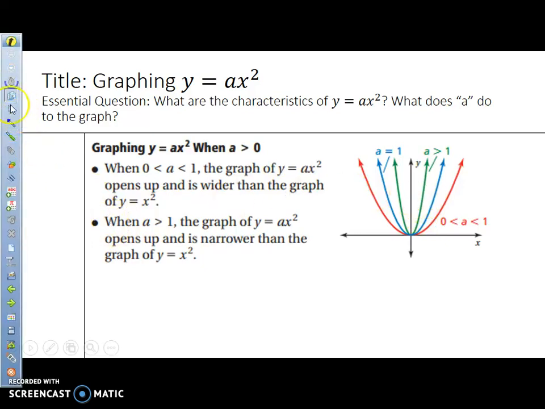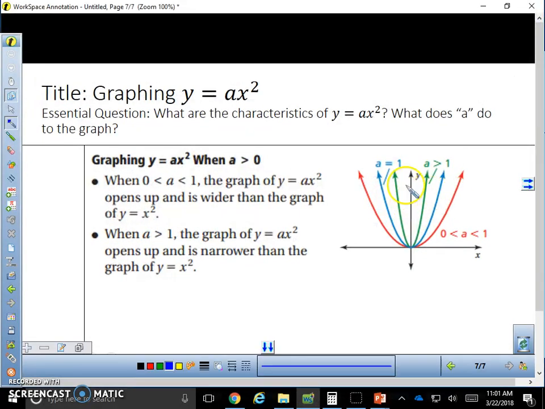Right here, this blue graph is the normal one, where a is 1, the very most basic one. Now, the green one, when a is bigger than 1, we get this skinnier graph.